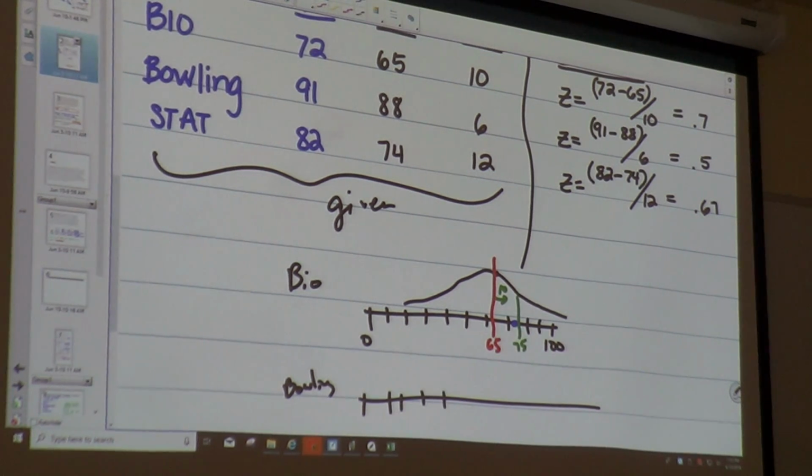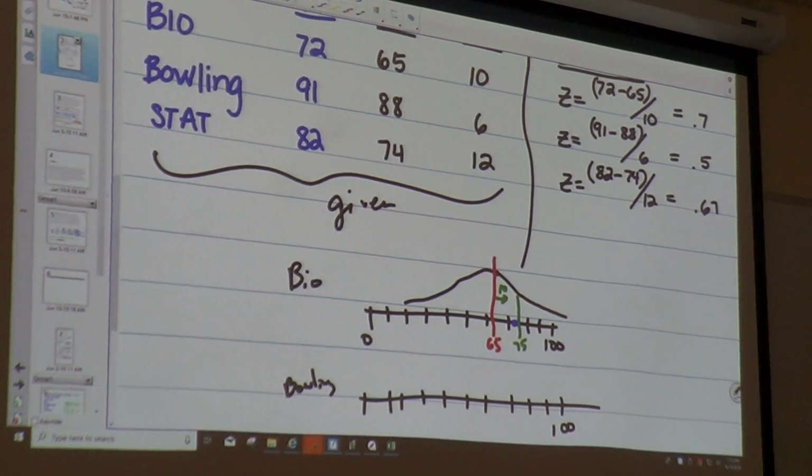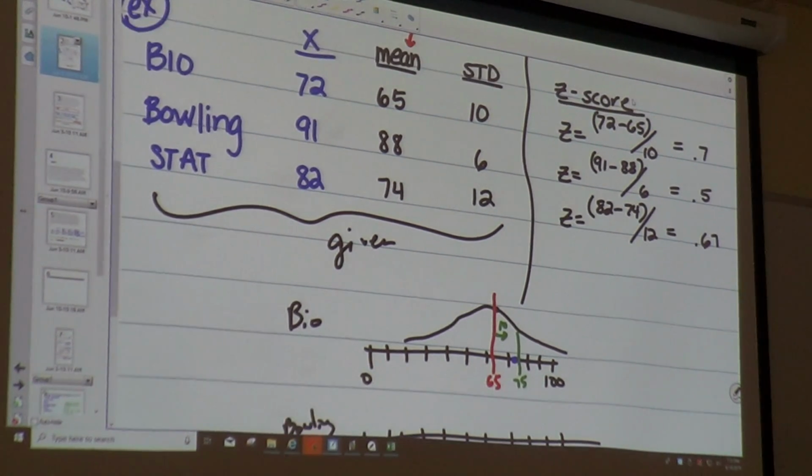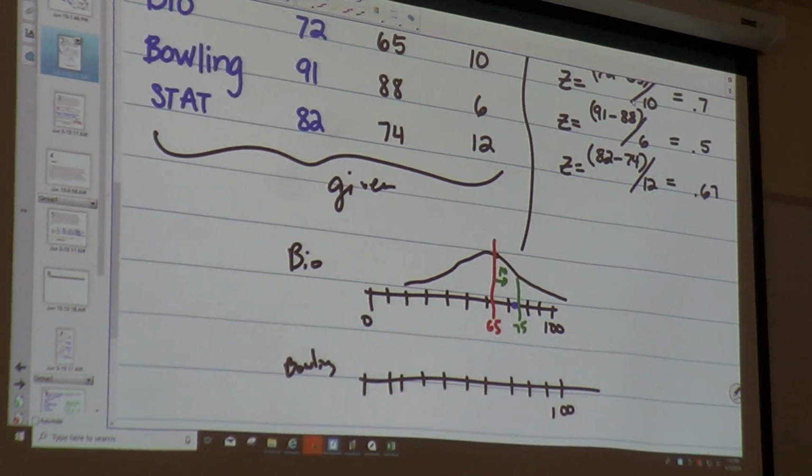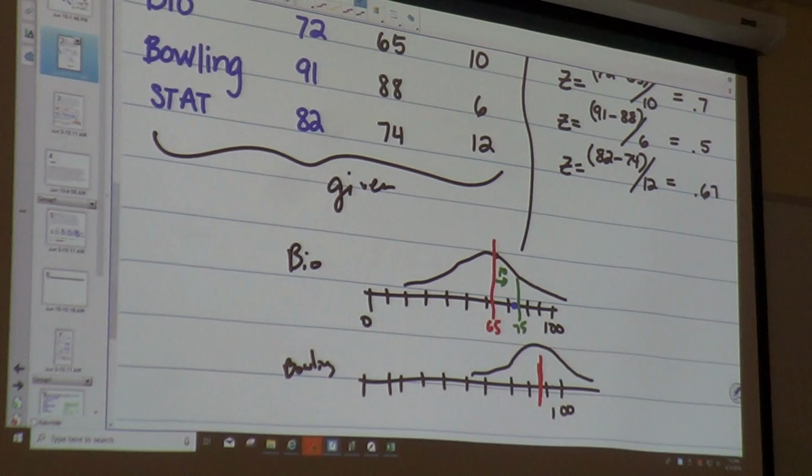I'm trying to line it up almost underneath it so that you can kind of get an idea. Okay, what's the average of this class? 88. So that's where the hump is going to be. So 88 is here. And my data point is 91. And my standard deviation is 6.